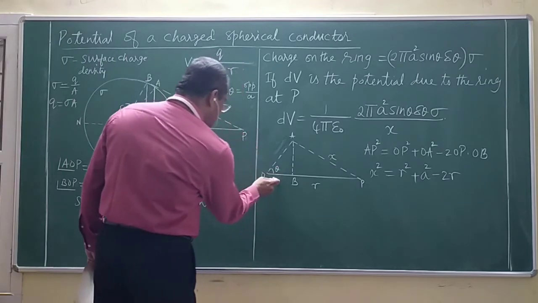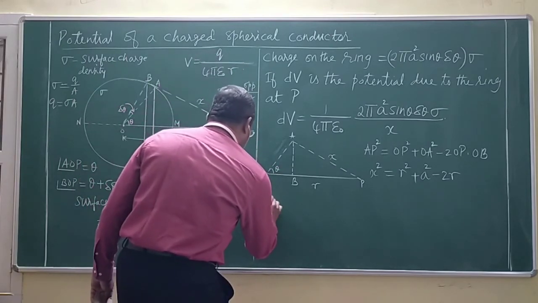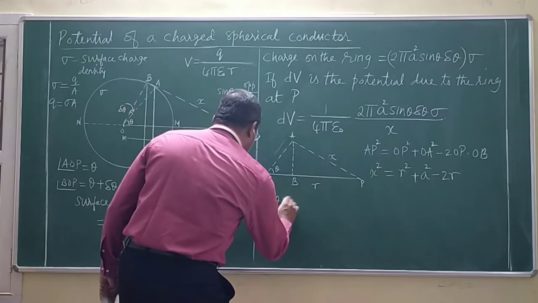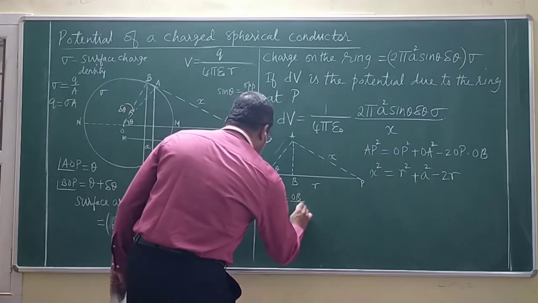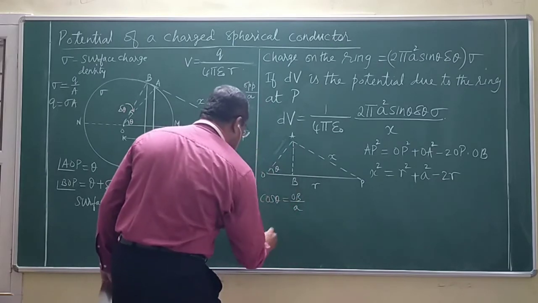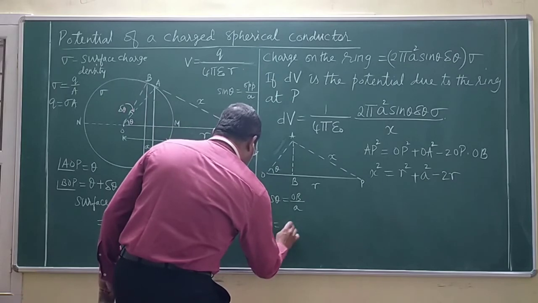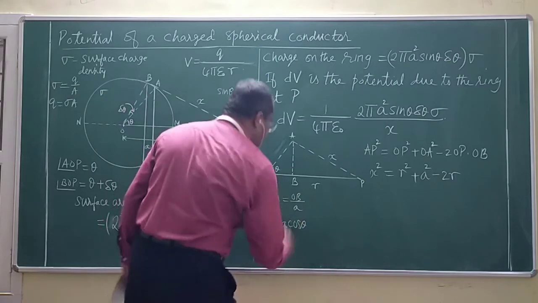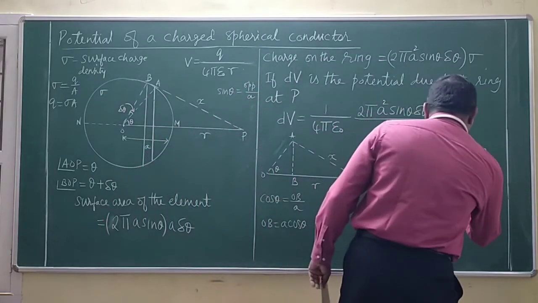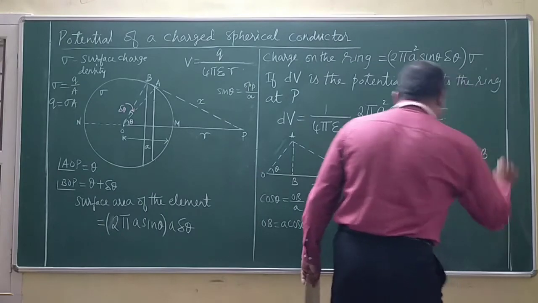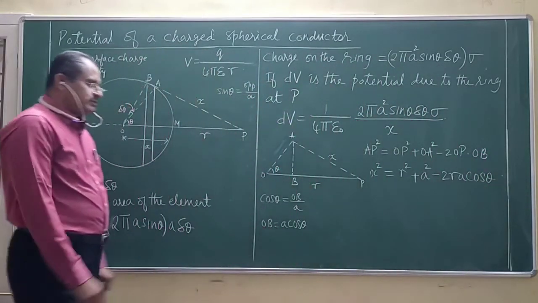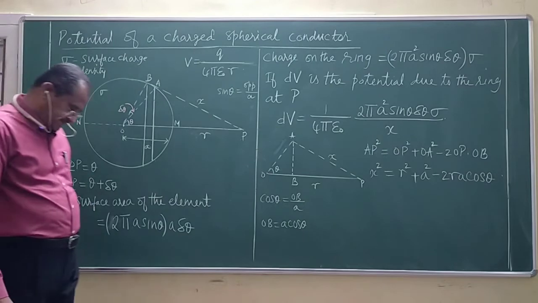This is adjacent to theta, therefore let me take cos theta, OB by radius a. OB is a cos theta. I suppose you have understood this.